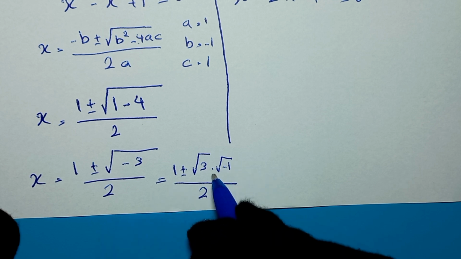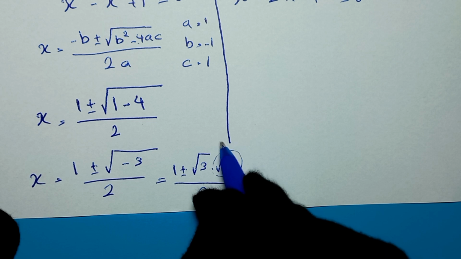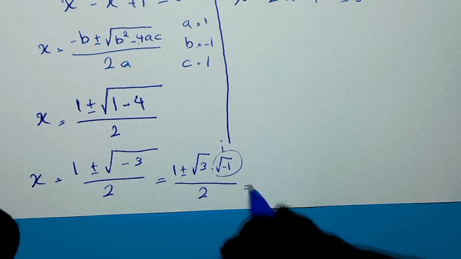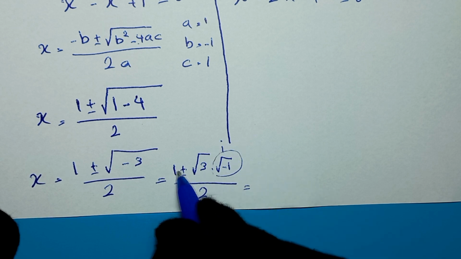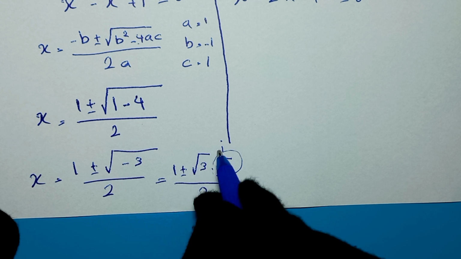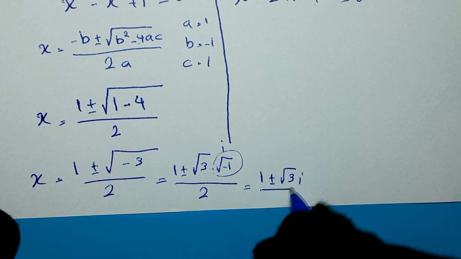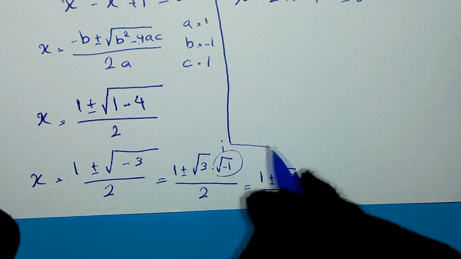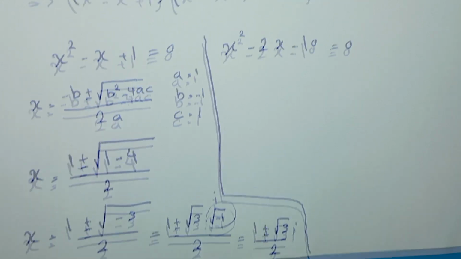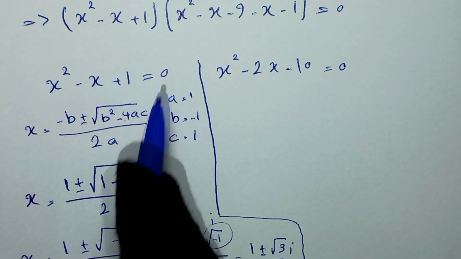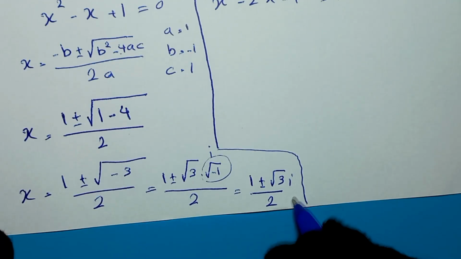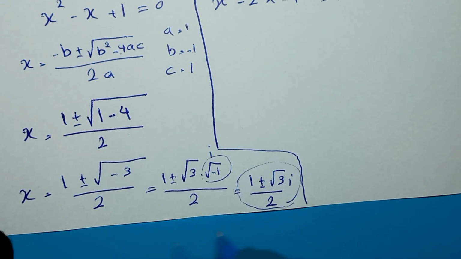And here, the square root of negative 1 is i, so our answer here will be 1 plus or minus the square root of 3 i over 2. So from this equation, we find two values for x.